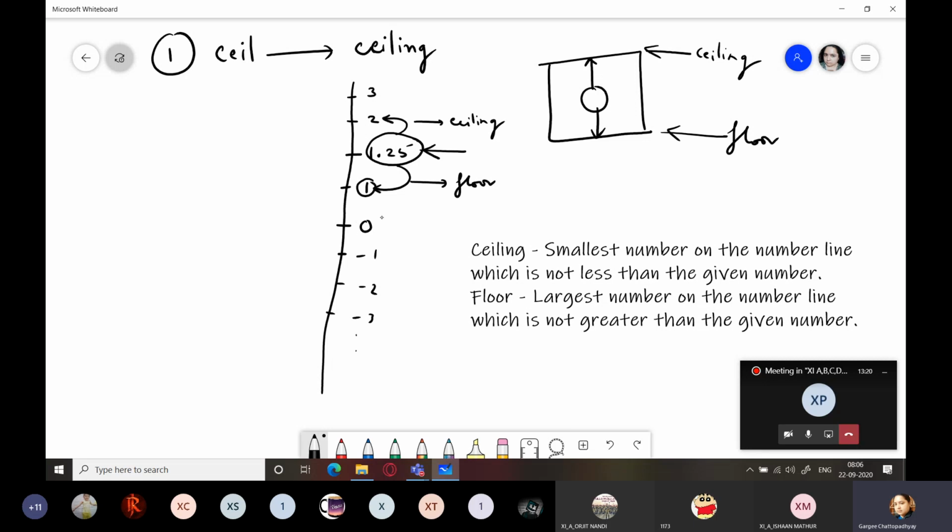Why? Because there are values which are less than this. But this is not greater than the given number. This is the given number. It cannot exceed the given number. But it is the largest value out of all the values which follow it on the number line. So 2 is the ceiling and 1 is the floor.